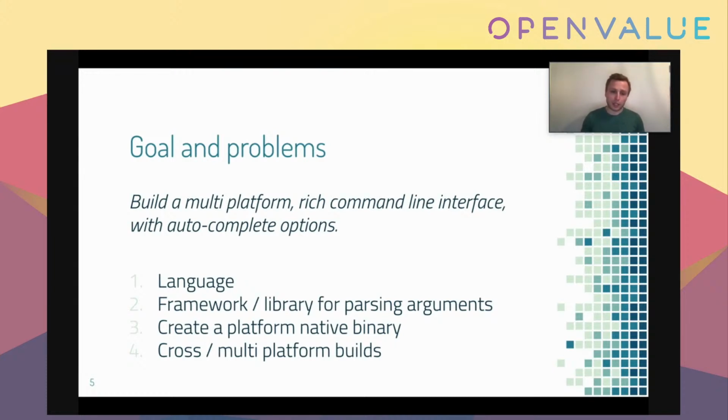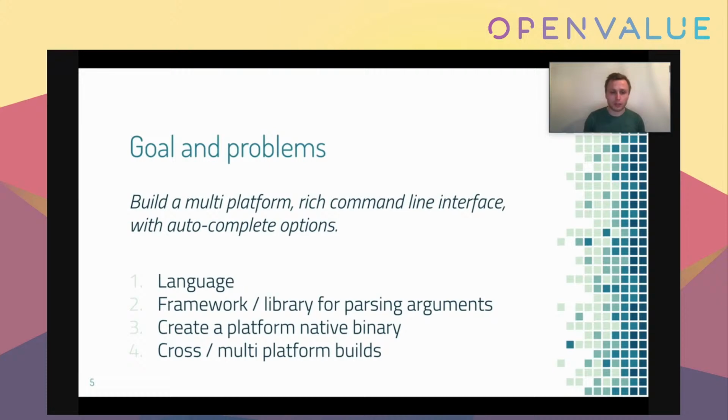The third one was creating a platform native binary, because you want to run it as standalone. You don't want to be dependent on other dependencies that should be installed on the platform that you're running it on. And the fourth issue is cross or multi-platform builds, ensuring that these native binaries run on every large platform.